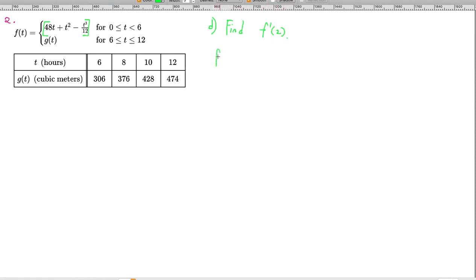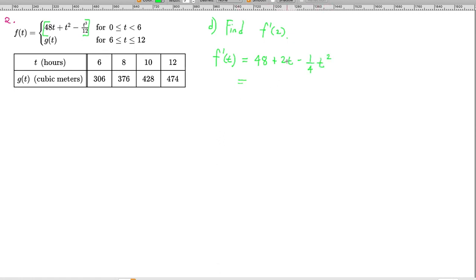So the derivative f prime of t for t from 0 to 6, not including 6, is going to be 48 plus 2t minus 1/4 t squared. Now you just want to be careful and make sure you do that right.